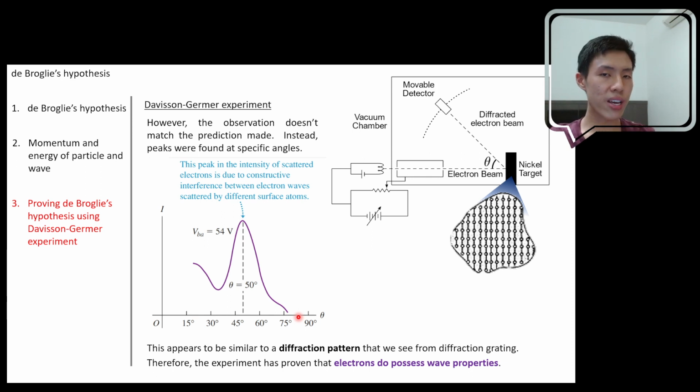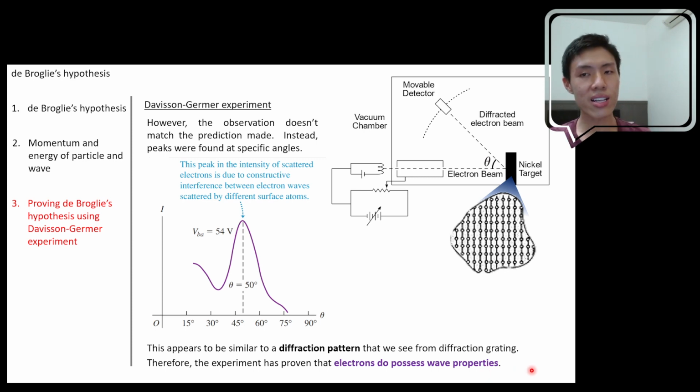So because of that similarity, they say that if light undergoes diffraction and it looks something like this, and now we get something like this kind of pattern for electron, we can say electron undergo diffraction. So because electron undergo diffraction, electron possess wave properties.